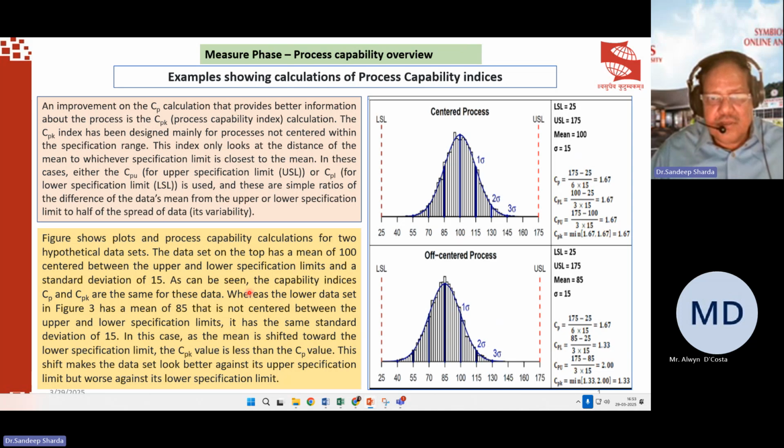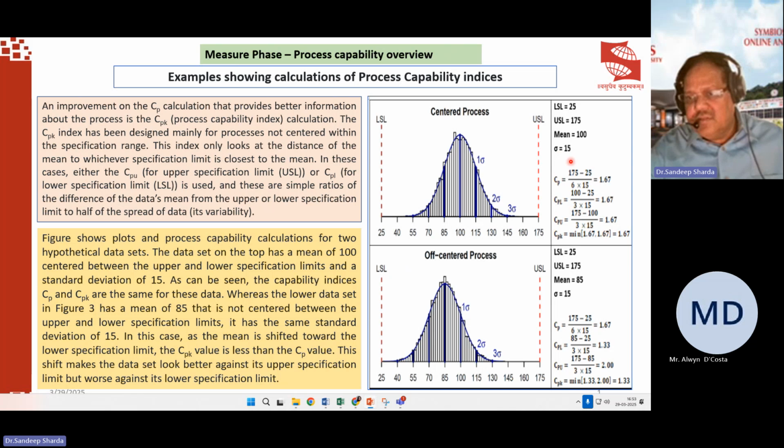Now, an example showing the calculation of the process capability index for a centered process. LSL is given, USL is given, the mean value is given, the sigma value is given. So Cp will be 175 minus LSL 25 over 6 into sigma, which is 1.67.